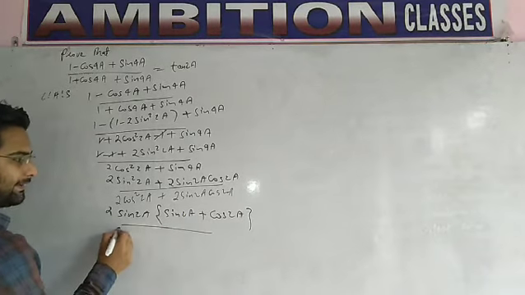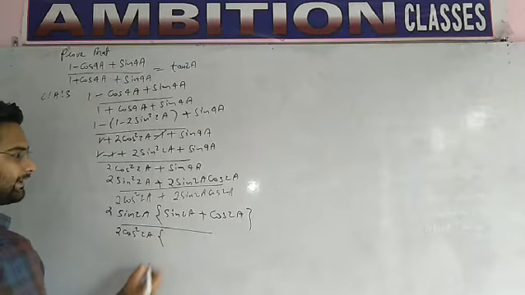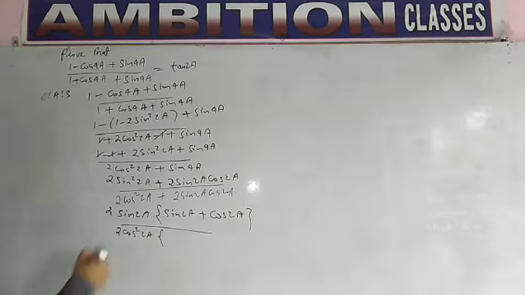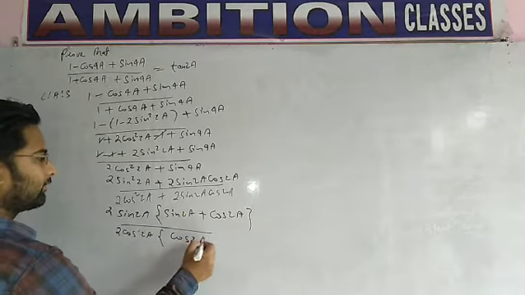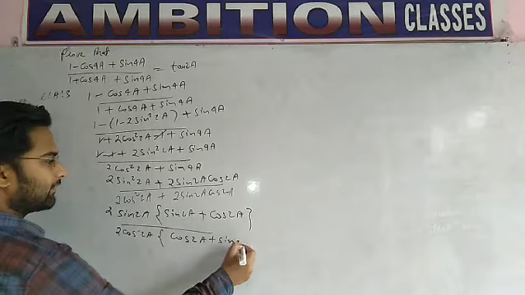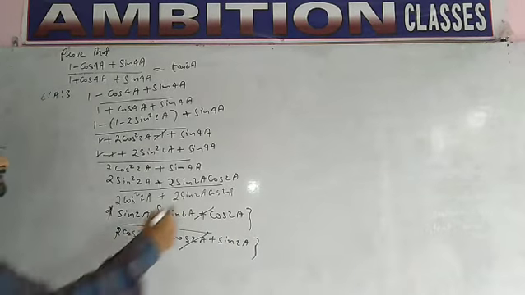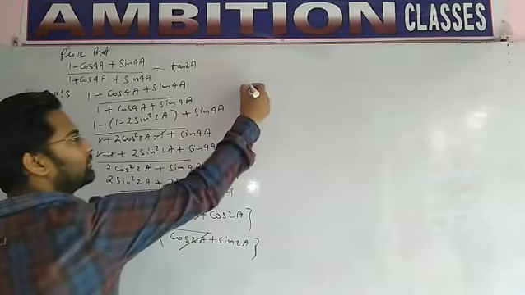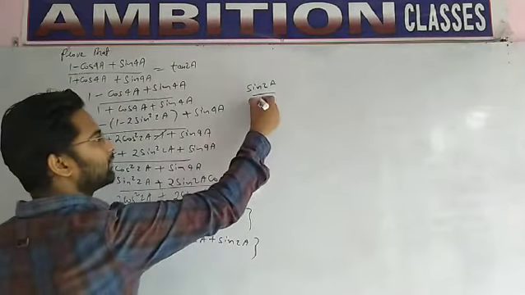After this we will take 2 cos 2a as common from the denominator, so we will get cos 2a plus sin 2a. So this will cancel out students. Now we will get sin 2a upon cos 2a.